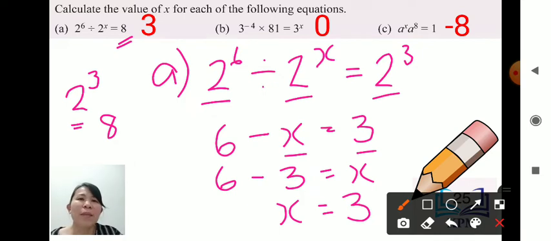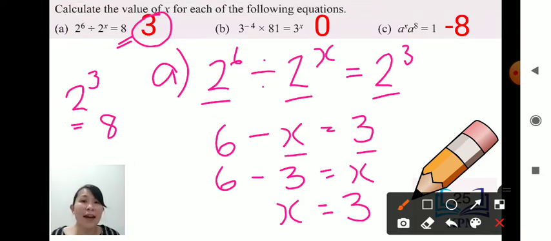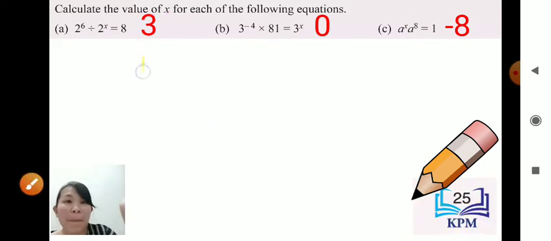I also prepared the answer for you, so this is correct. Question A, x is equal to 3. Are you following me? Okay, we move on to question B.